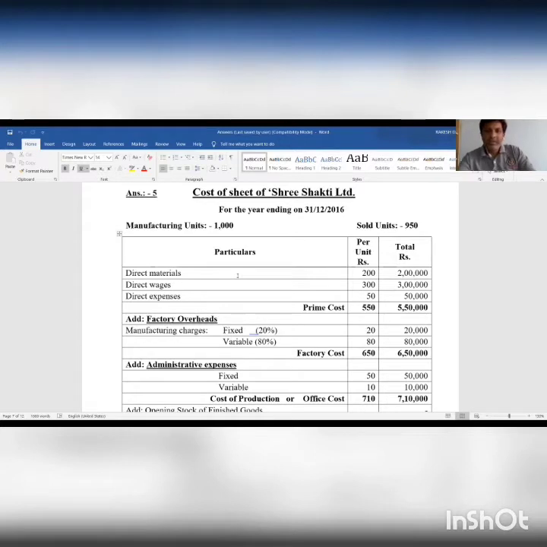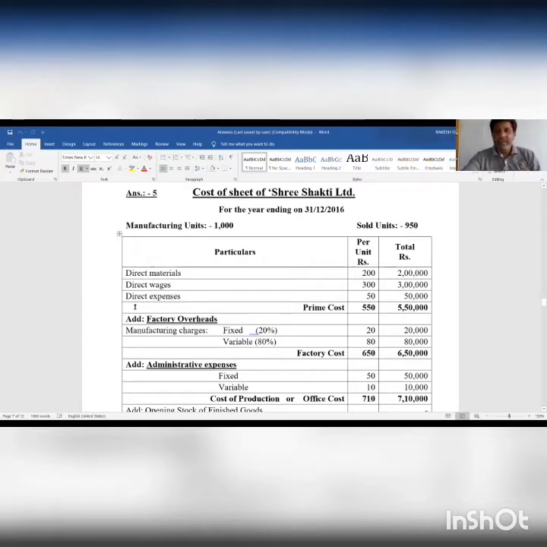The manufacturing units are 1,000 units, so per unit it will be rupees 200, that is 2 lakh divided by 1,000 units. Direct wages are rupees 3 lakh. So 3 lakh divided by 1,000 will be 300 per unit.